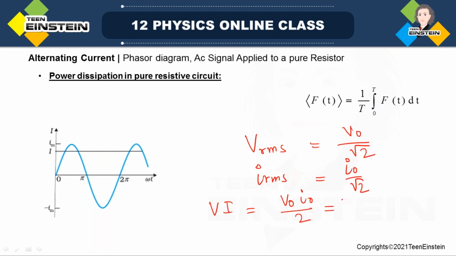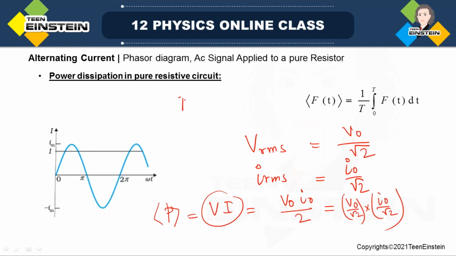This I can write again as V0 by root 2 into I0 by root 2. So this will actually be RMS quantities. So this is actually the average power. This is how we can write the power.